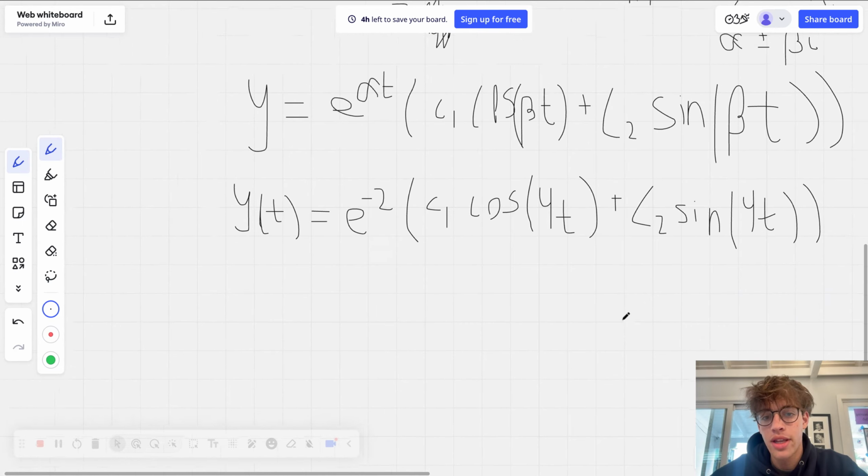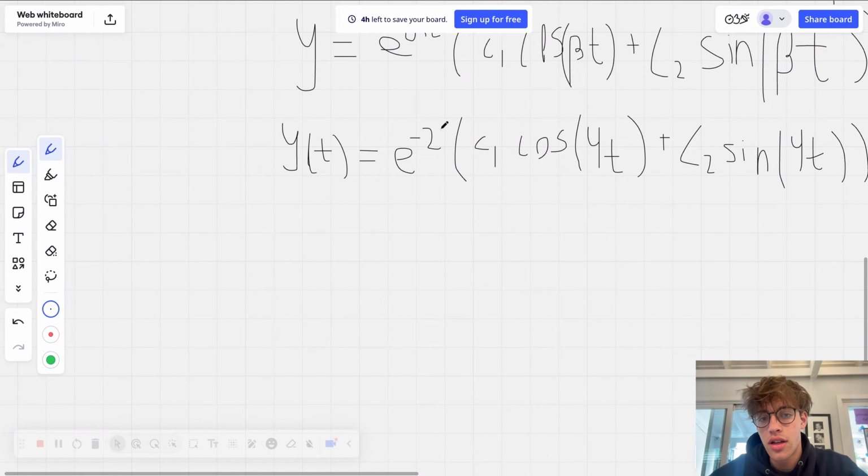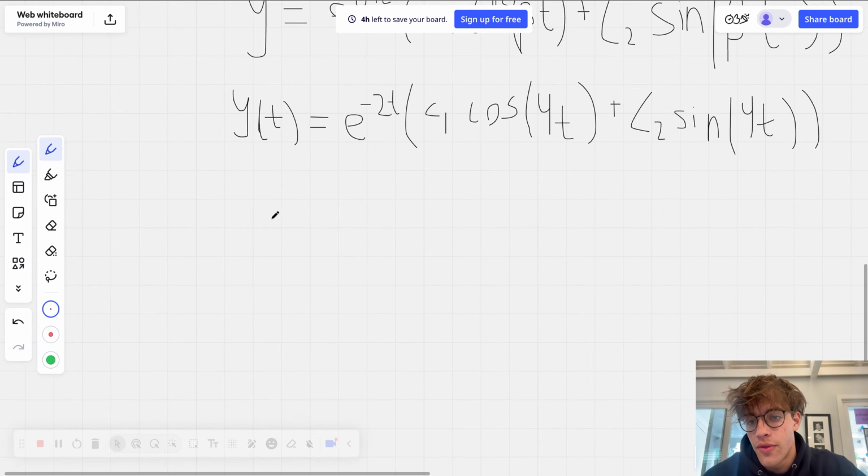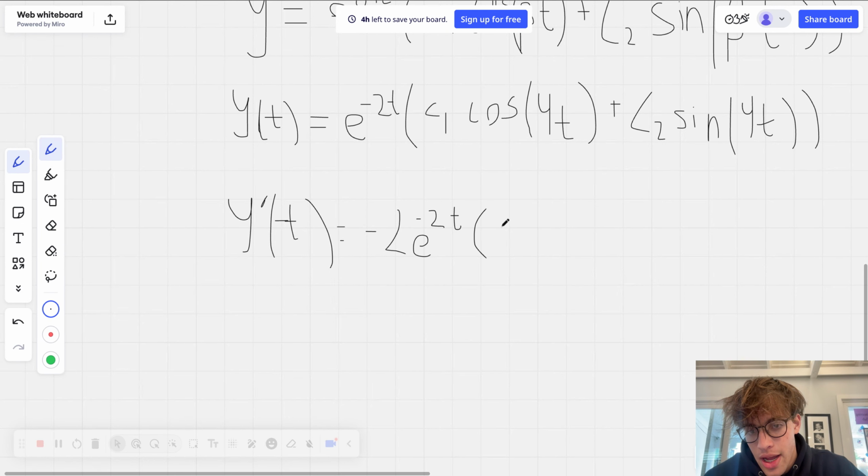Okay, cool. So now we can solve for C1 and C2. Once again, oops, missed the t there. I did this one out already on a piece of paper because it's kind of a long product rule. Doing the product rule for y prime, we get negative 2 e^(-2t) times c1 cosine 4t plus c2 sine 4t.